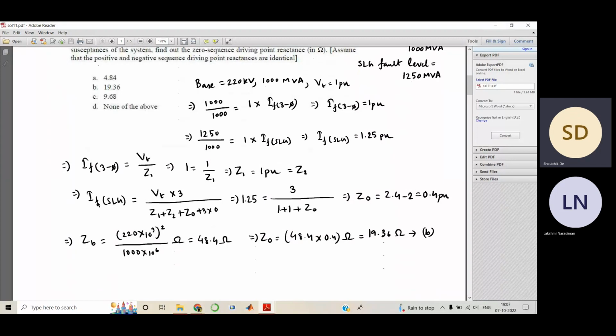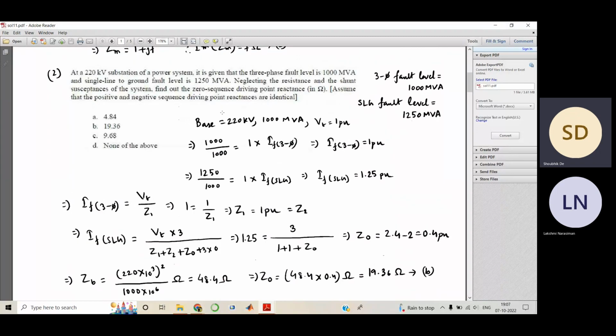We know the SLG fault formula. So it is three times the positive sequence current. In a single line to ground fault, all the sequence currents are equal, right? I1 equals I2 equals I0. So here I have just replaced that formula, and this is the neutral reactance that we connect.